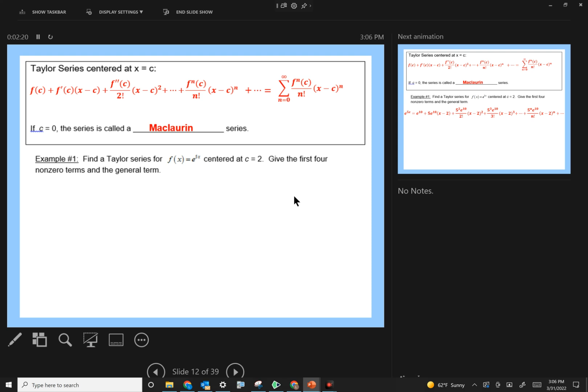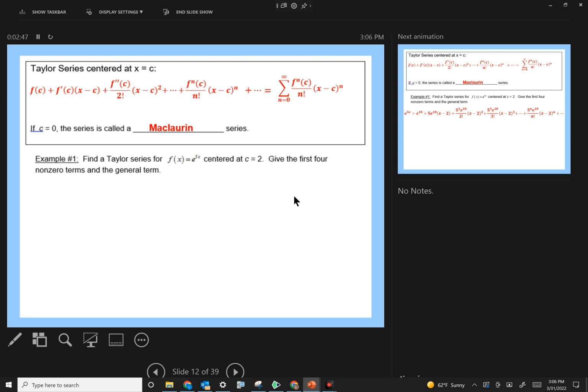So f of x is e to the 5x. So the derivative is what? 5e to the 5x, and the second derivative is 25e to the 5x. I already see a pattern, and the third derivative is, instead of 125, is it okay if I just write 5 cubed?